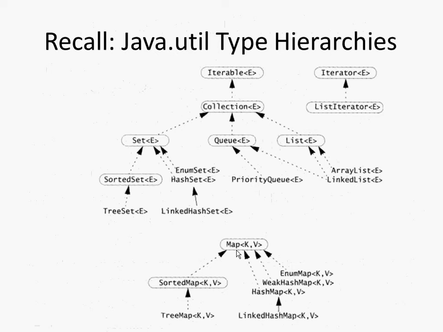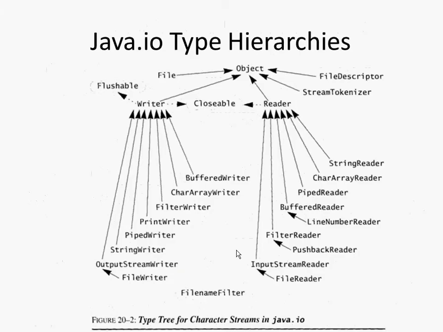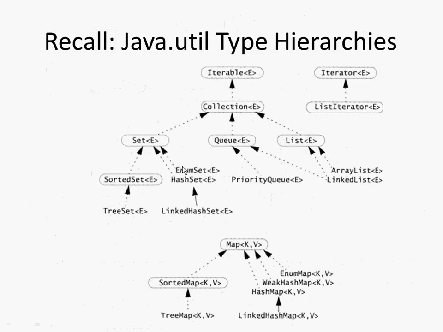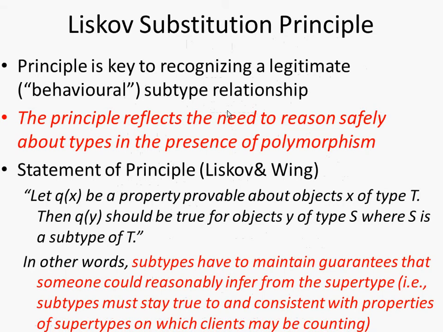And ladies and gentlemen, the Liskov substitution principle says that if we create a subtype, and we're going to pass it around as if it's a collection, as if it's a map, as if it's a queue, as if it's a set, in other words, if we masquerade it as one of these, we sure better be able to guarantee things that someone might be counting on reasonably based on that supertype definition.